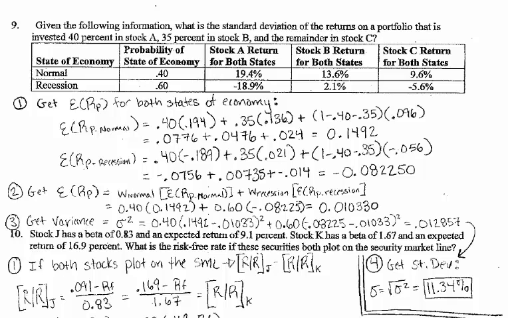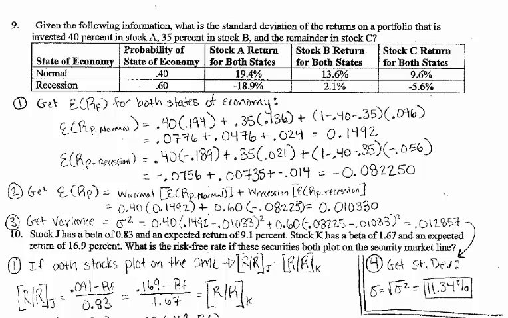Okay. Now, to get the standard deviation, you obviously got to get the variance first. And in this case, notice that there's no all of this over n minus 1. The reason why is because in this case, you have weights. So to do this, you're going to take that 40% times 0.1492, which is the actual return, minus the average, squared.